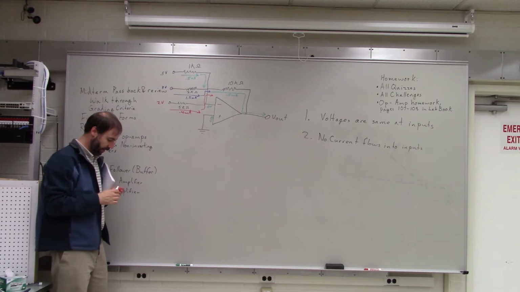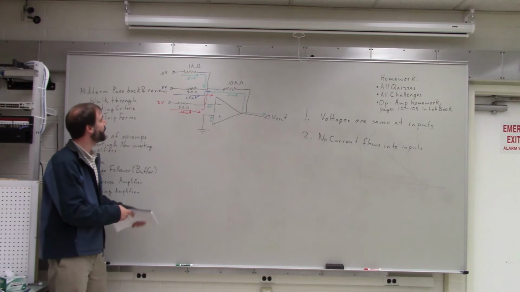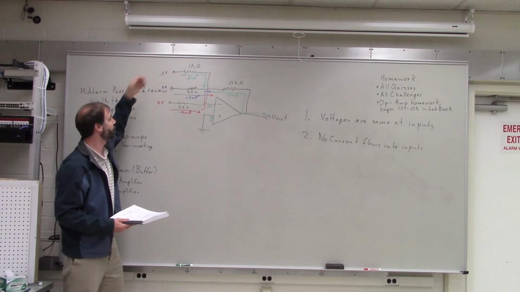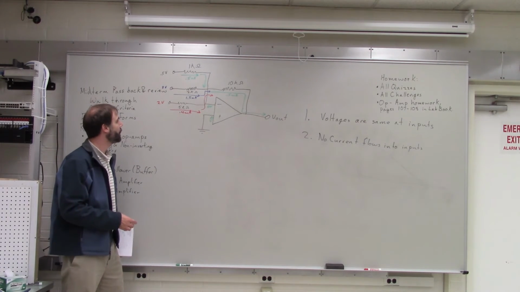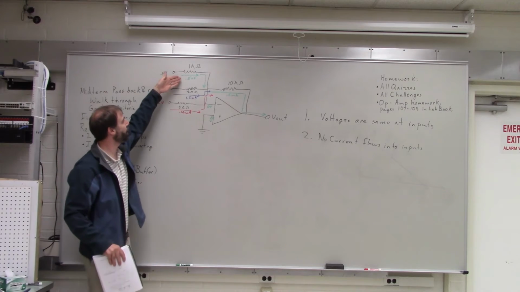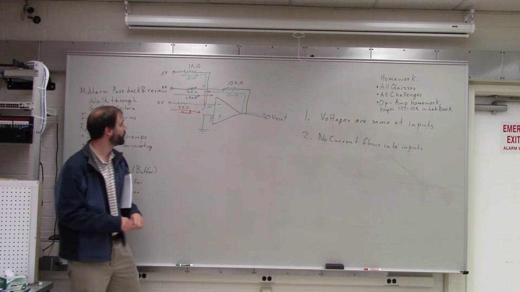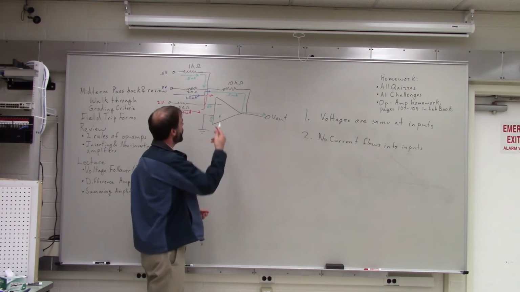So basically the way that we analyze this is that we look at what would happen with each one of these by themselves. Okay? So if we just had this first one, then we would have an output voltage. We said 0.5 milliamps times 10 kilo ohms.